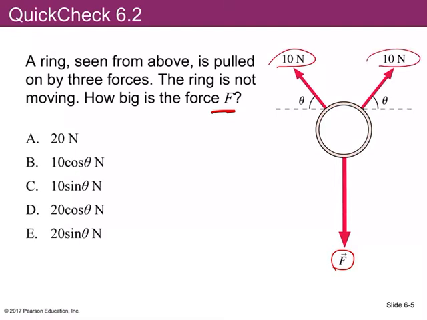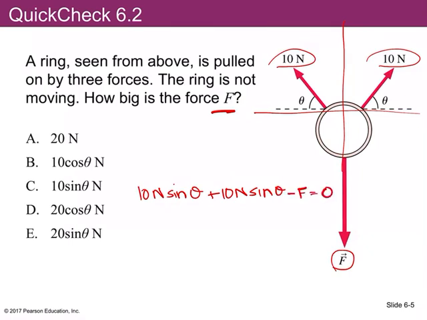If we were going to draw a coordinate system here, they would both be in the positive y. So we could say 10 newtons sine theta plus 10 newtons sine theta. And then the force is actually going down, so it's minus F is equal to 0 because we're in equilibrium.